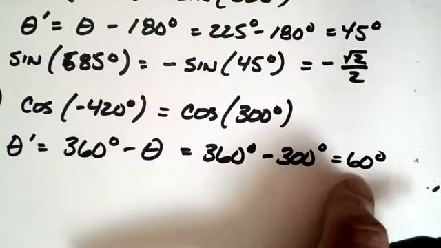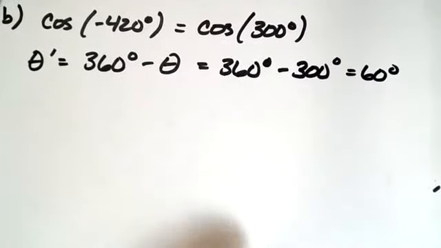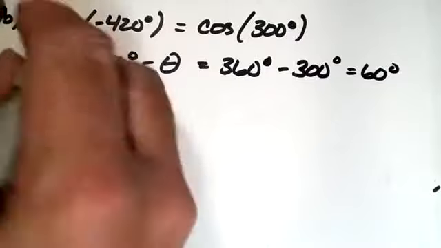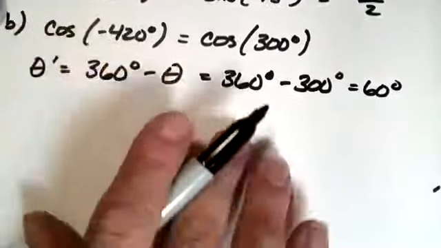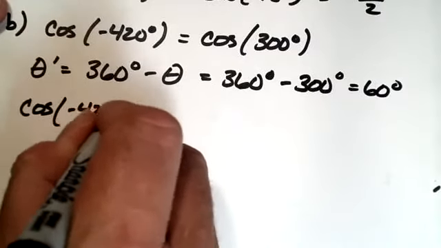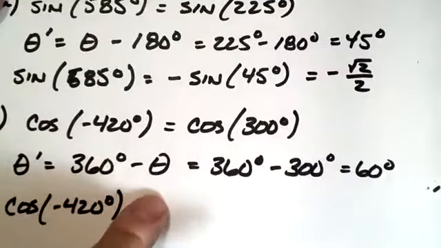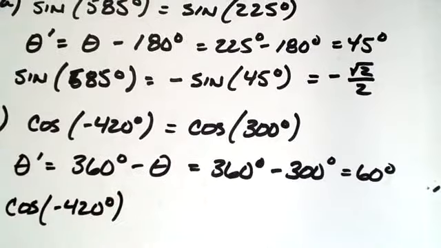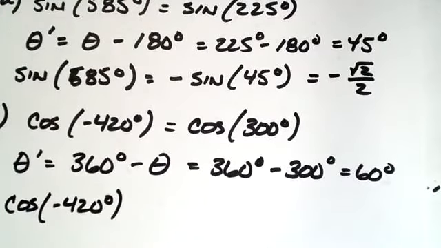So there's our reference angle. It's an acute positive angle. Okay, so therefore, following the same pattern, cosine of negative 420 degrees, it's a quadrant 4 angle. So cosine, all students take classes.